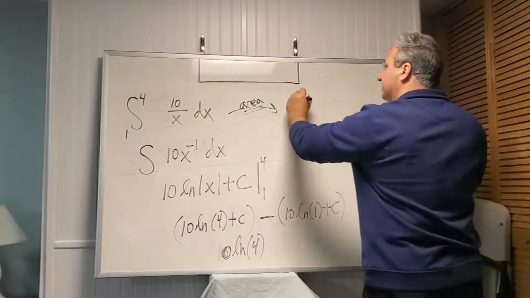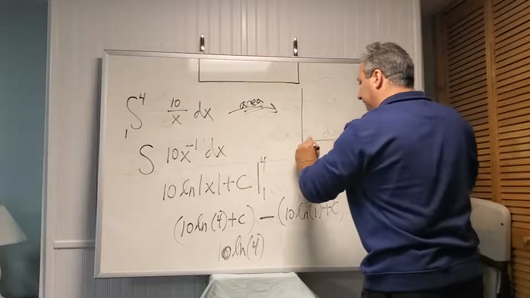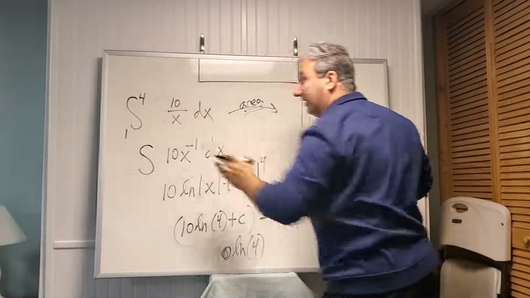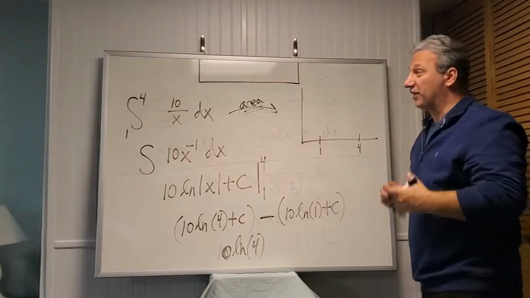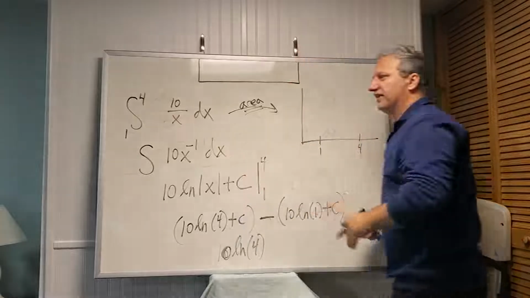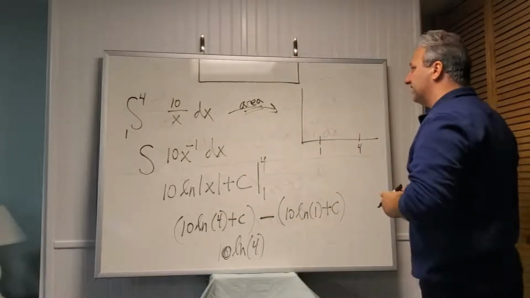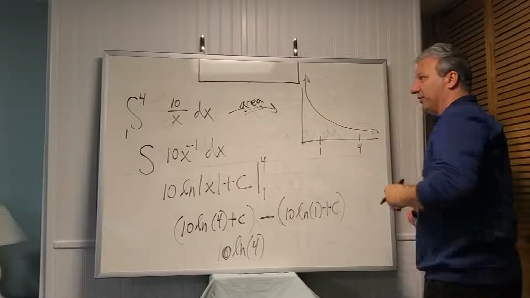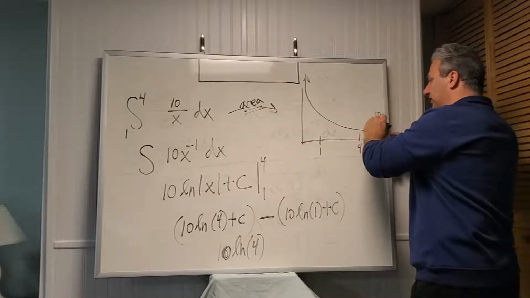What I'm looking at is if I graph this thing from 1 to 4, the bounds. If I graph this thing, you keep saying this thing, Dr. McCullum, 10 over x. If I take my TI calculator out and graph this thing, well, first of all, 10 over x looks like this. That's what 10 over x looks like. This is the graph of 10 over x.